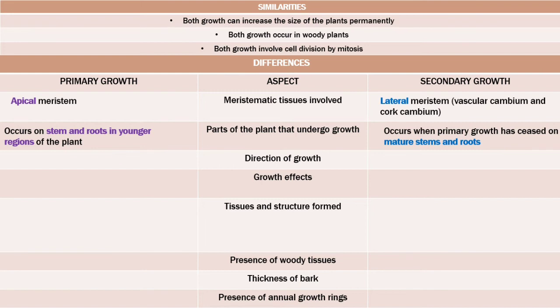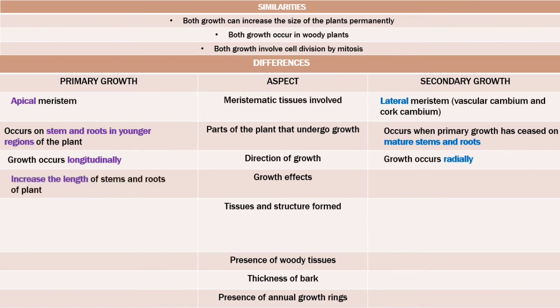The direction of primary growth is longitudinal, but the direction of secondary growth is radial. The growth effect of primary growth increases the length of the stem and root of the plant, while the growth effect of secondary growth increases the thickness or circumference of the stem and root of the plant.